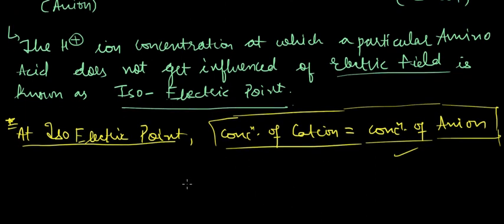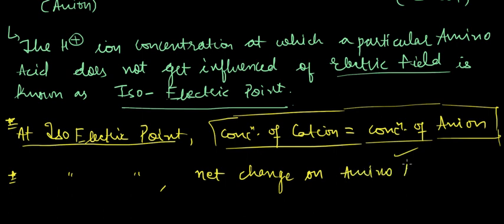Or you can also say that at isoelectric point, the net charge on the amino acid is 0.